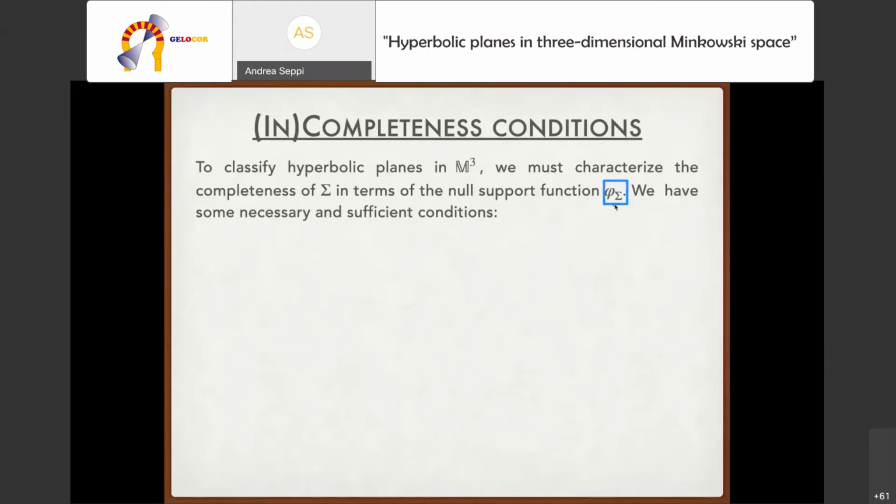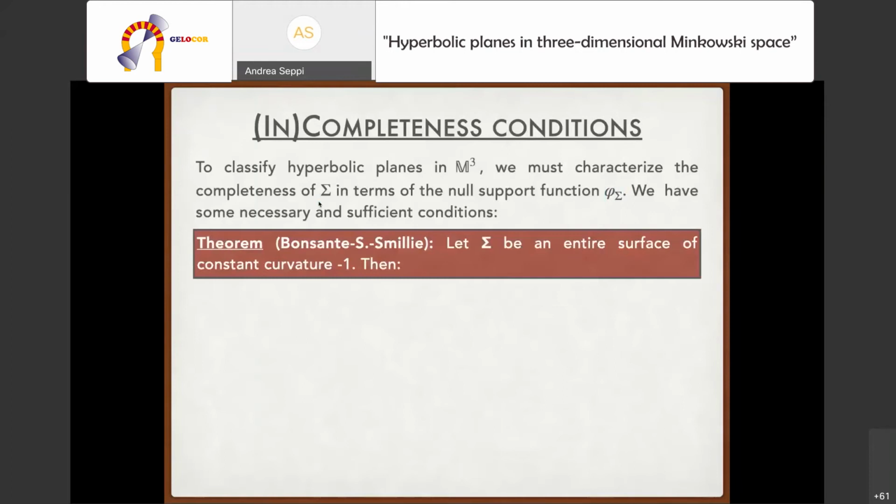We've seen that every lower semi-continuous function finite on 3 points corresponds to an entire space-like surface of curvature -1. The question is, when is it complete? And we don't have a full answer, but we have some conditions.